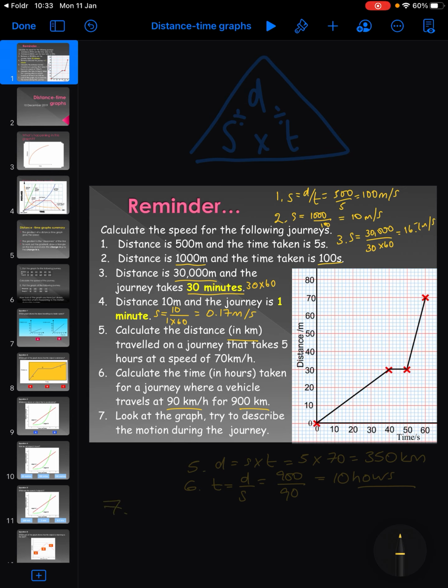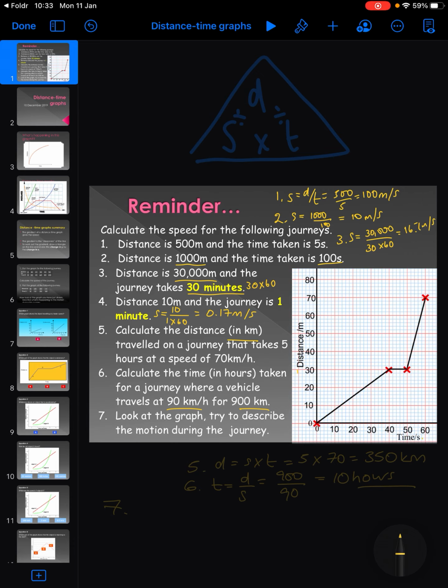All right, number 7. Look at the graph. Now, you have not done anything like this before, but this is what we're going on to today. So it's quite good to stretch your brain and see if you can kind of figure it out. Describe the motion during the journey. So let's look at this graph. You have distance up the side and you have time on the bottom. So whatever is moving, can you see it's moving for 40 seconds?